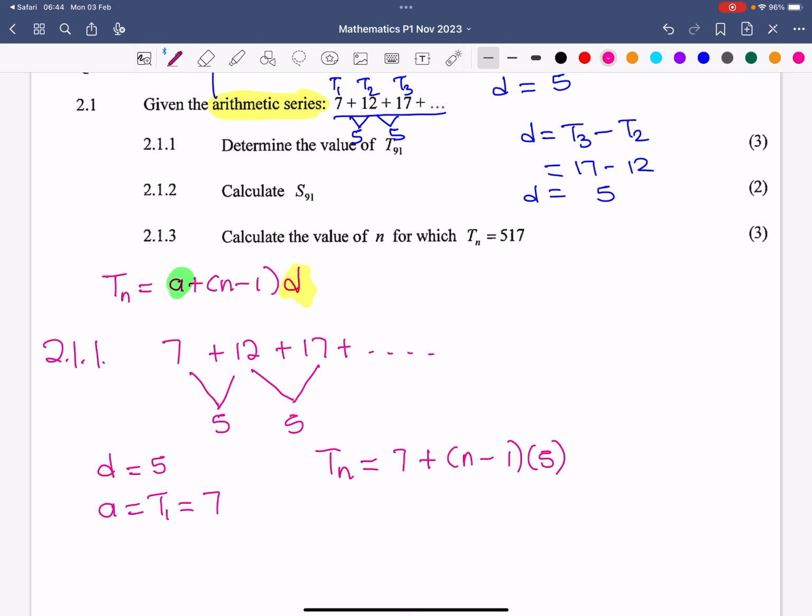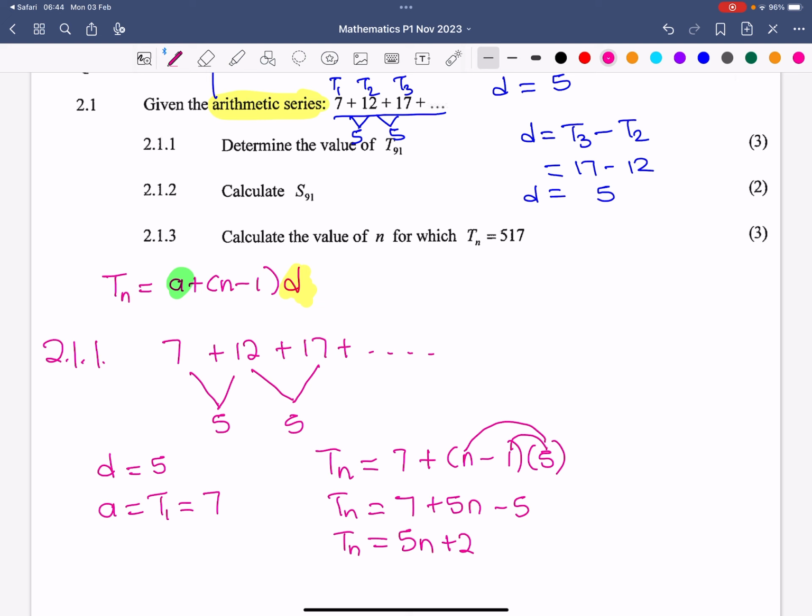Always put your d in brackets so that you don't make any mistake, right? So this is 7, distribute the 5 times n, it's plus 5n, and then distribute the 5 to the other one, it's minus 5. So this is going to be 5n, and then 7 minus 5, which is plus 2.